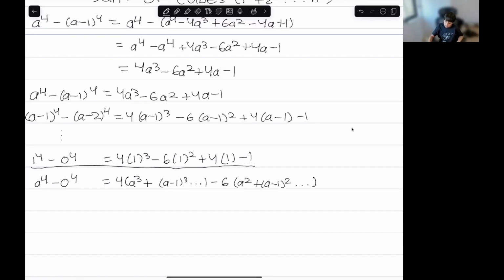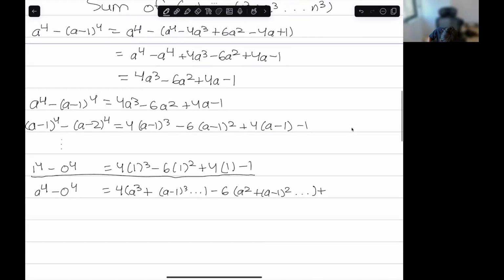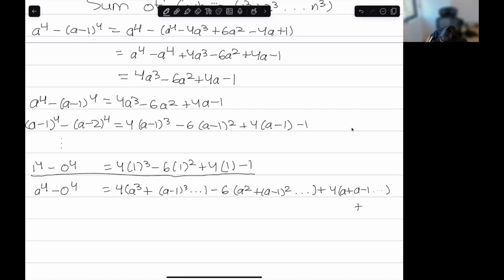As you notice, we already know how to calculate the inside part. We just proved it. That will be really helpful when it comes to moving everything onto one side. Next we have 4 times a plus a minus 1 and so on, and finally, this time it is minus 1.